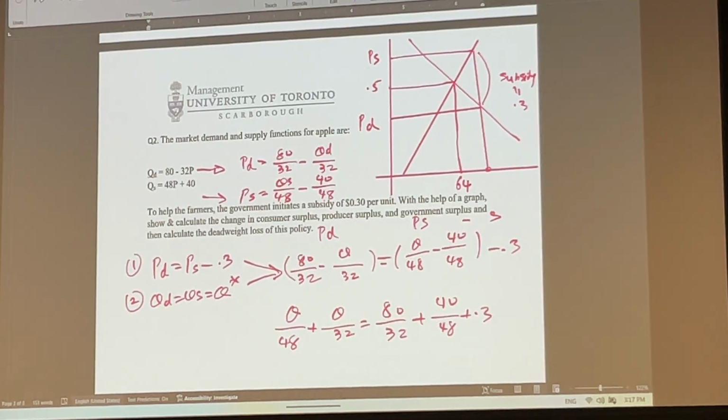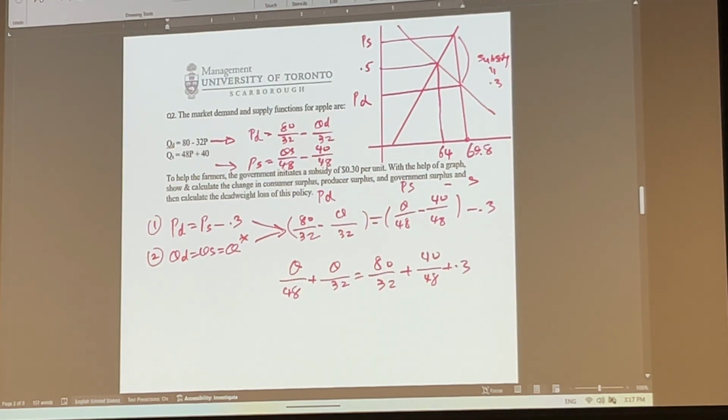What do you get? 69? 69 point 23? 69.8, that's rounded. 69.8. Okay, so what would be the change in the consumer surplus?